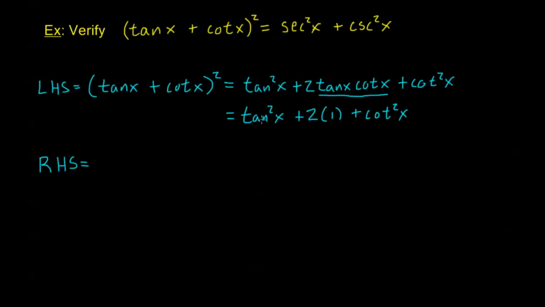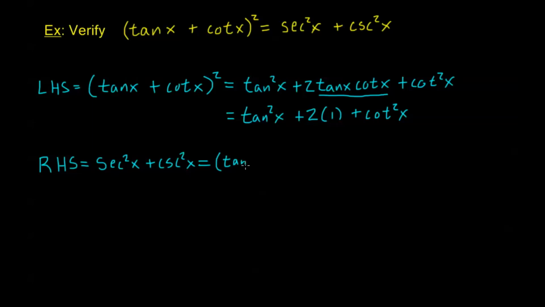Let's say I get stuck. So I'm going to start from my right-hand side and see if I can get it to look like one of these middle steps. So I have secant squared x plus cosecant squared x. And all these squares just scream Pythagorean identities, don't they? Secant squared x is the same as 1 plus tangent squared x.